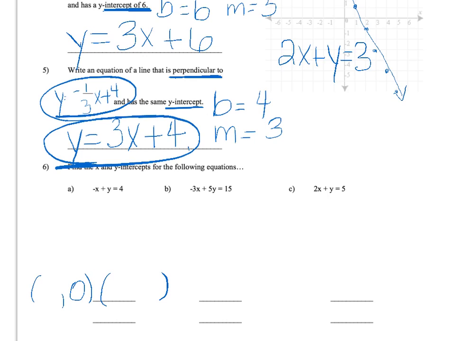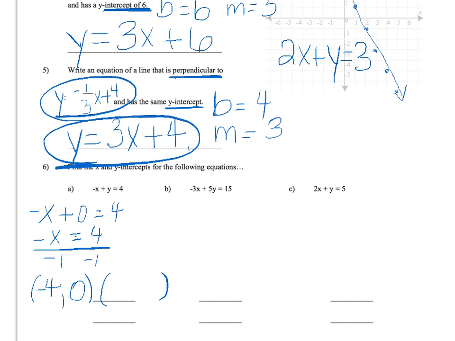That means it's crossing the x-axis at a coordinate and 0. And so we're going to set the y equal to 0. So we have negative x plus 0 equals 4. So negative x equals 4. And if we divide both sides by a negative 1, you get x equaling negative 4.